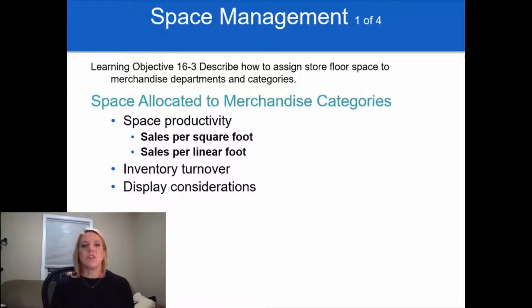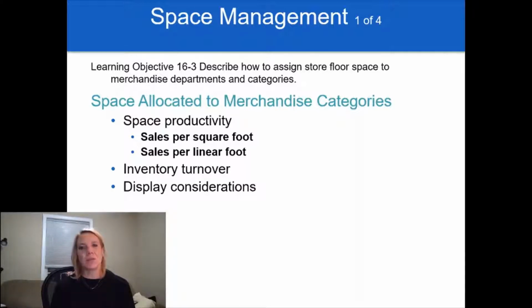So retailers consider 3 factors when deciding how much floor or shelf space they want to allocate to the merchandise categories and brands. First, they think about the productivity of the allocated space. They think about the merchandise's inventory turnover, and they think about the display needs for the merchandise. Where space productivity is concerned, a simple rule of thumb for allocating space is to allocate on the basis of merchandise sales.